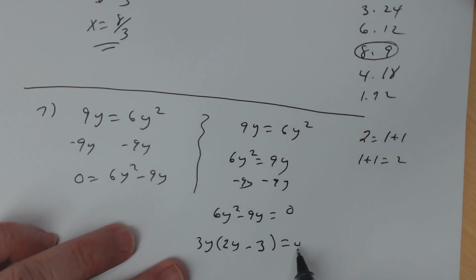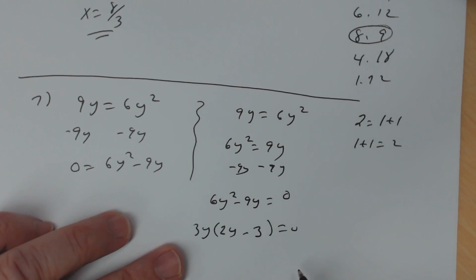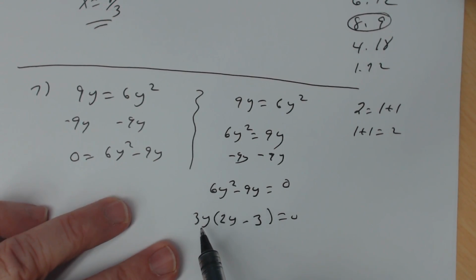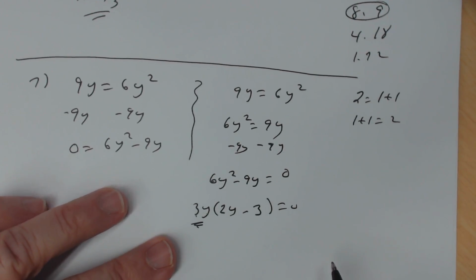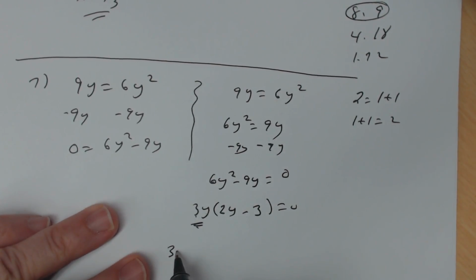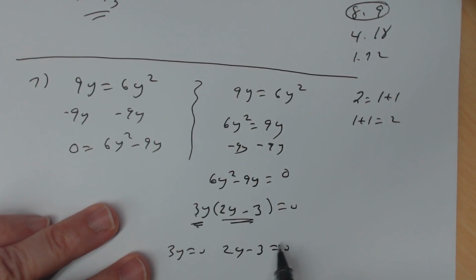So notice I had equals 0 all along. Now remember, by the zero factor property, now really this is 3 factors. 3 is a factor, y is a factor, and 2y minus 3 is a factor. But I'm just going to go ahead and put these two together. So 3y equals 0, or 2y minus 3 equals 0.